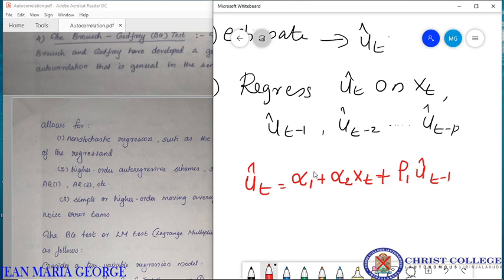We are defining another model: this is u hat t on its lagged values, an autoregressive model with p order.